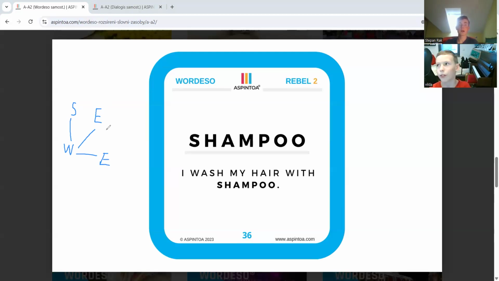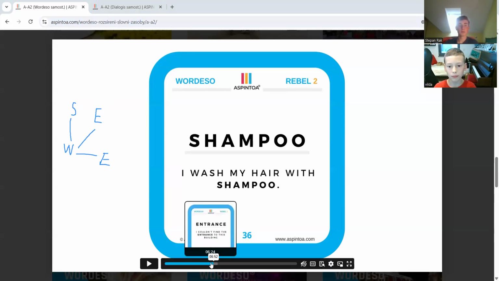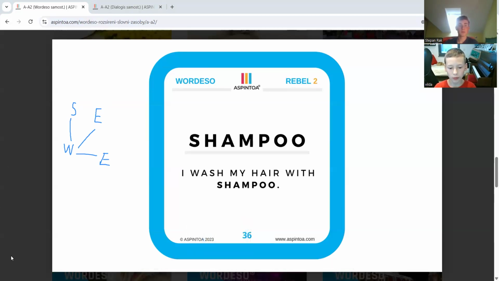It goes on top of the envelope. Yeah, you stick it on an envelope, a stamp, yep. And we got actually one more word starting with S as well. A swing, yes, perfect. So these five: shampoo, entrance, envelope, swing, and stamp.